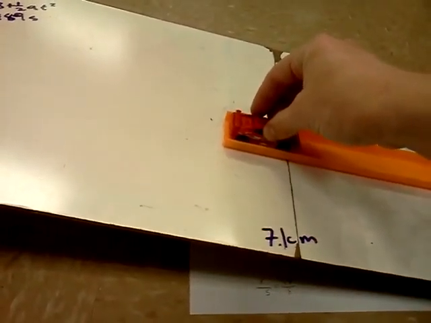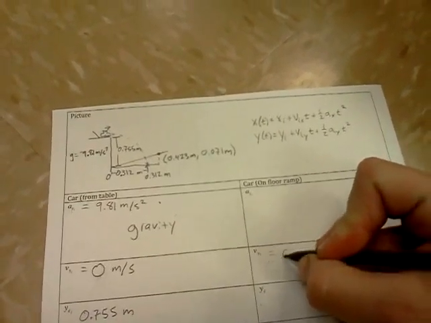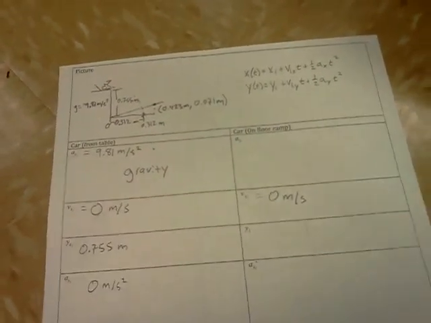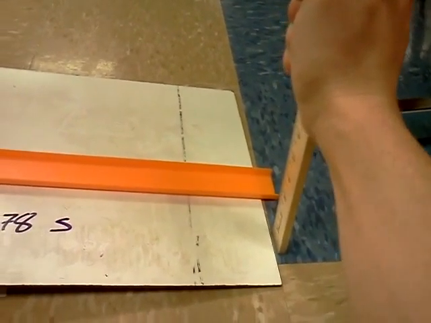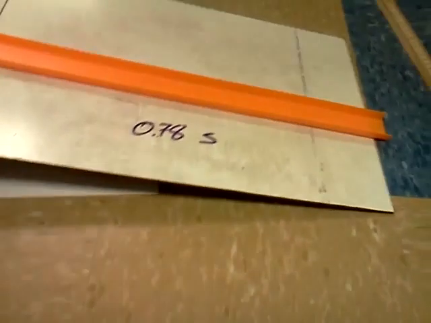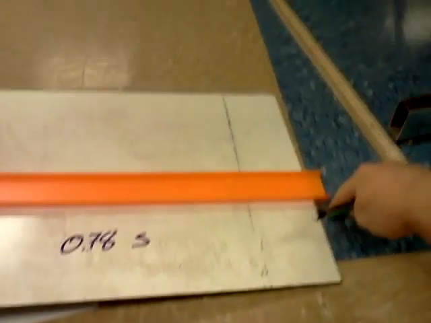We know what our initial velocity is in the y direction because our car is starting from rest. Since I'm releasing it, the initial y velocity is 0 meters per second. We also know our initial y position. Remember that in the first video I made my initial y position be where the edge of the table was. So since the edge of the table is where my initial y position is 0, this point on the floor is 0.